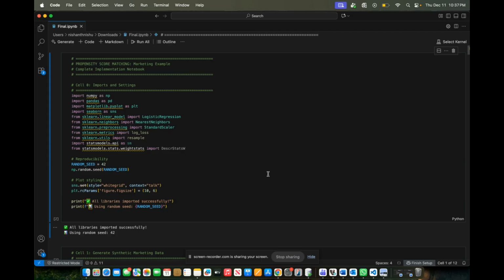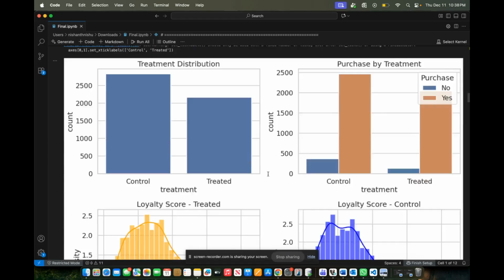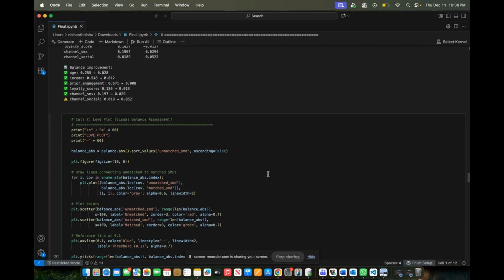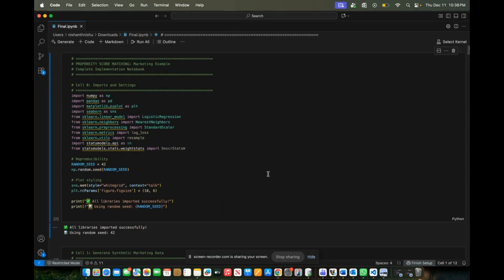I'll show you the entire PSM pipeline implemented inside the notebook: generating synthetic data, computing the naive difference, estimating the propensity score, checking overlap, matching treated and control customers, checking covariate balance using standardized mean differences, estimating the true causal effect, and finally validating with IPTW and a sensitivity test. So now, let's go to the notebook and see how it goes.